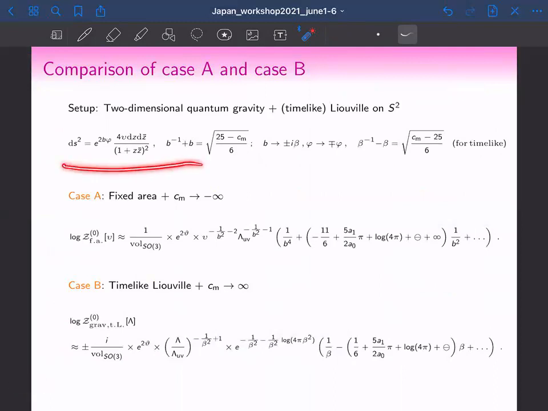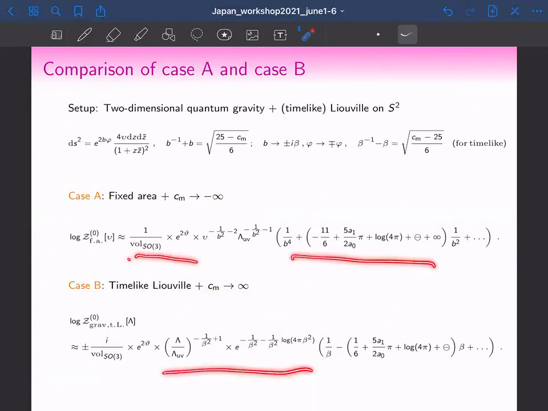However, this is essentially my setup. So here I'm really just comparing, but these are crucially different. Like the expansions in small b or small beta accompanied in case A by this fixed area, and this c-matter going to minus infinity, or in timelike by c-matter going to plus infinity. The expansion is very, very different.